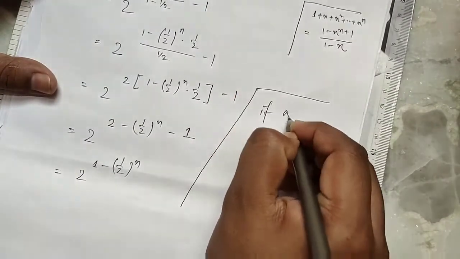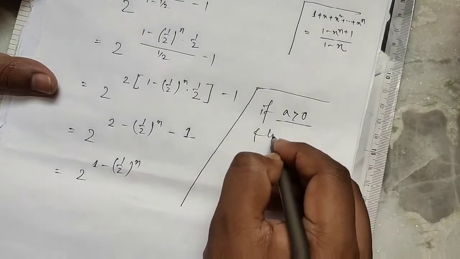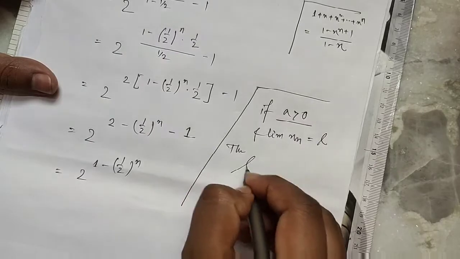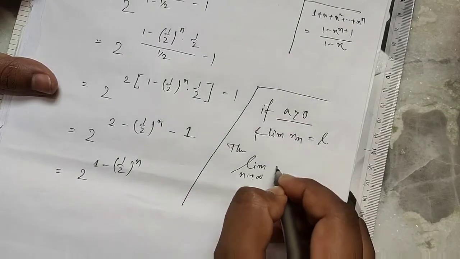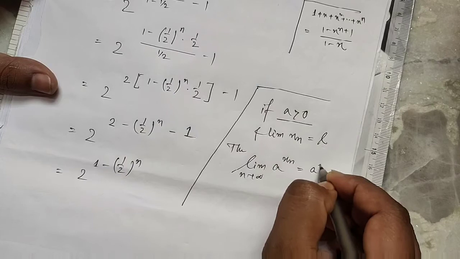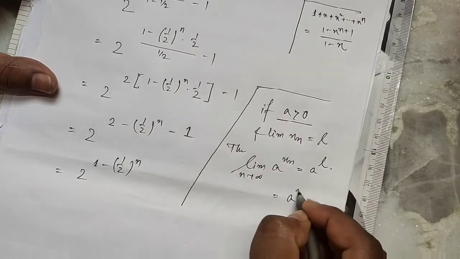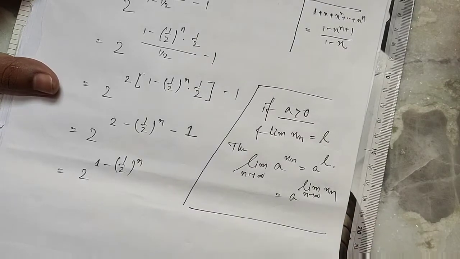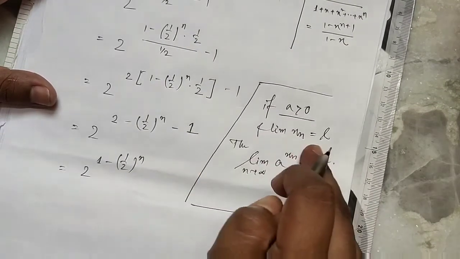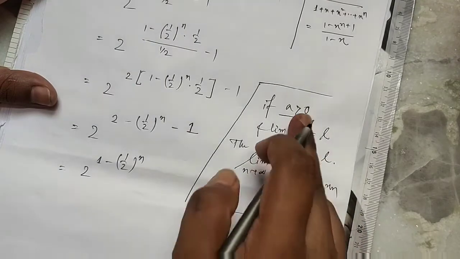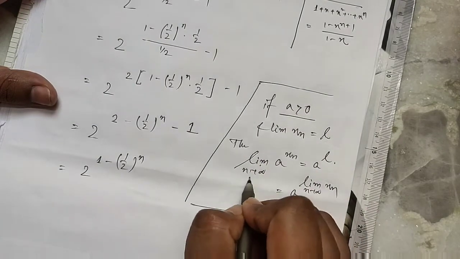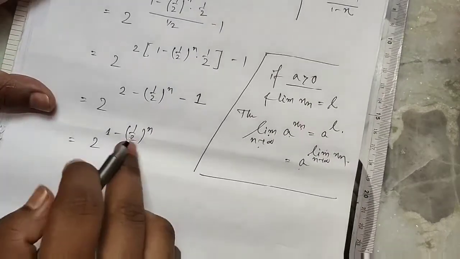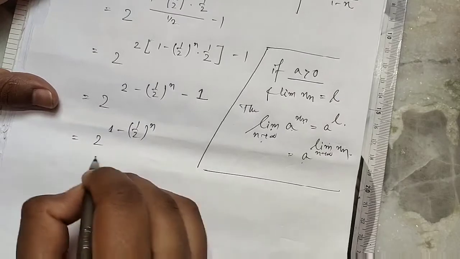Okay, so in previous classes we discussed some results. If a is greater than 0 and limit xn equals L, then limit n tends to infinity a to the power xn equals a to the power L, that is a to the power limit n tends to infinity xn. If xn is convergent and a is greater than 0, then limit of a to the power xn equals a to the power limit xn.